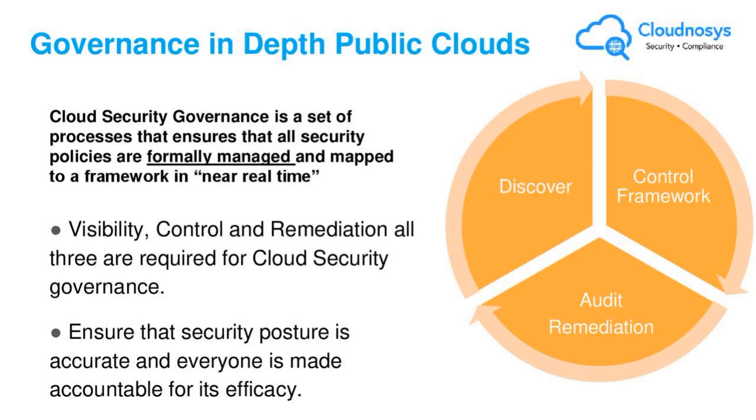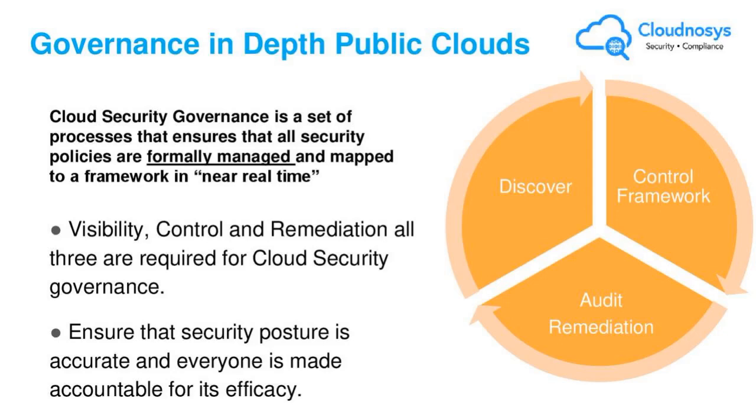Actually, it needs to be near real time. And you must be asking, how is this even possible? It is possible if you pick the right platforms that can actually host your policies, track your policies, and be able to check those policies in real time against the cloud vendor's configuration and give you a feedback.